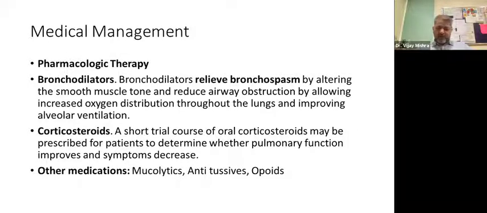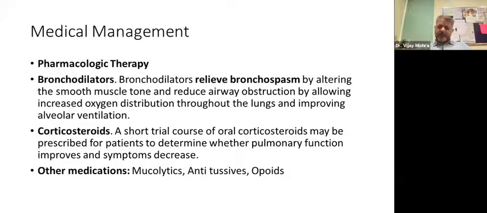The other drugs which are commonly used are steroids, both through the inhaled route and sometimes through the oral route. A short trial course of oral corticosteroids may be prescribed in certain patients to improve pulmonary function. There are other medicines which are used, like, most of the time we suspect that there may be an infection, or an infection may have precipitated a case of COPD.